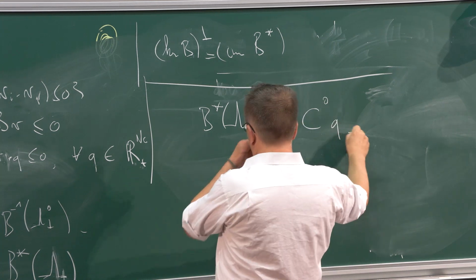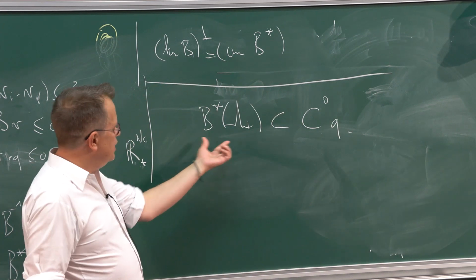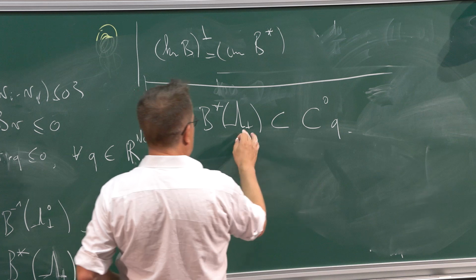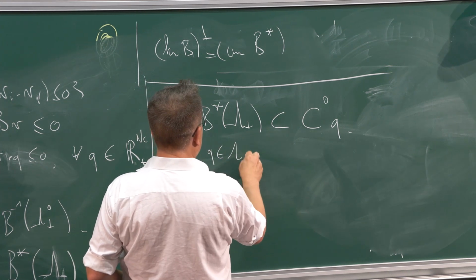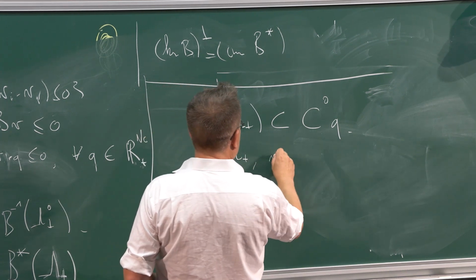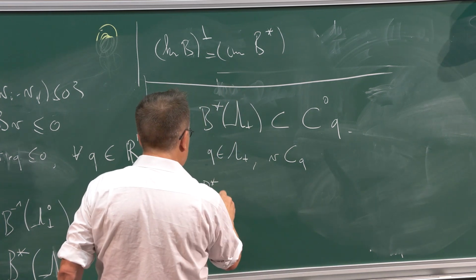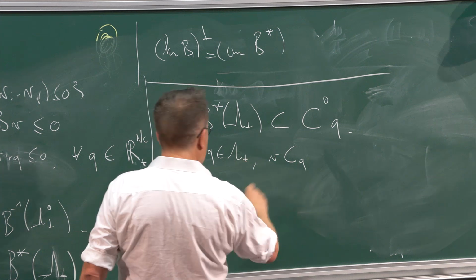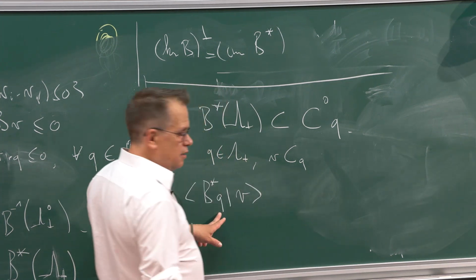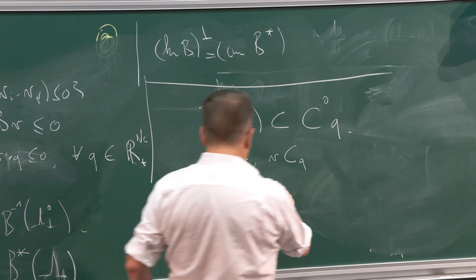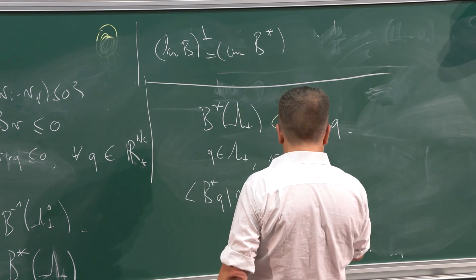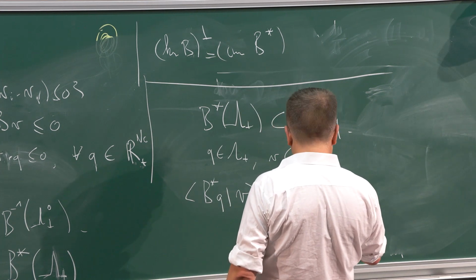If I consider an element of this set, so if I consider Q in lambda plus and V in CQ, and I consider the scalar product of B star Q with V, I just use the definition of the adjoint.